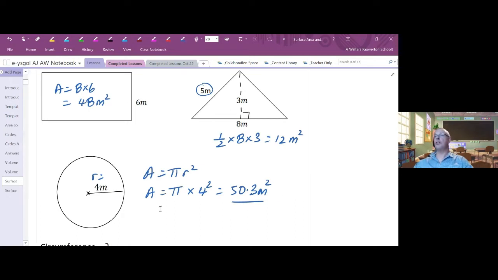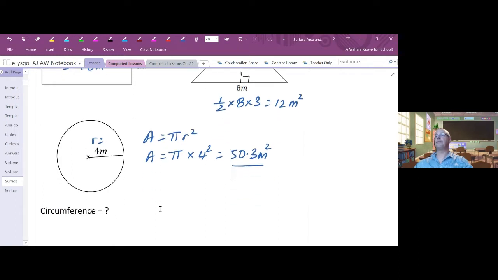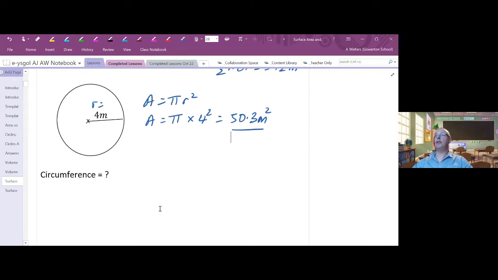Something else we're also going to use is that we're going to work out the circumference of that circle. If you were trying to find the circumference, you'd use a different formula. I use pi times d. Some teachers use 2 pi r. Okay, we'll get to the same answer.